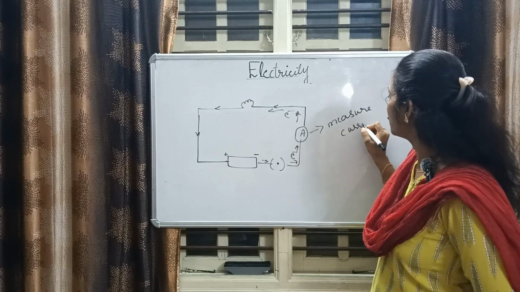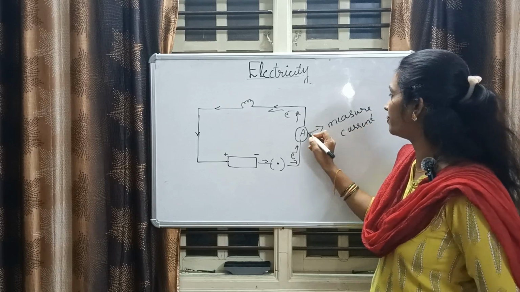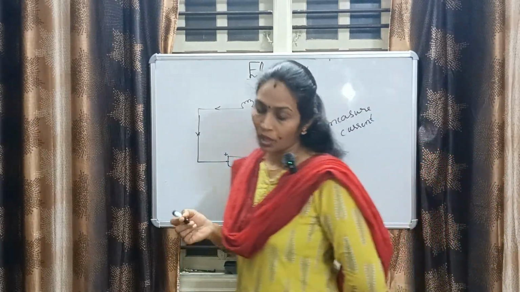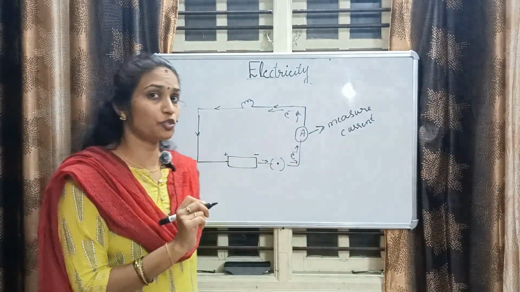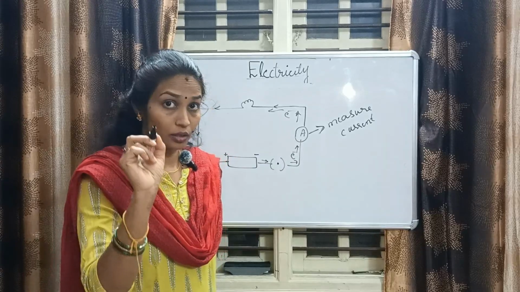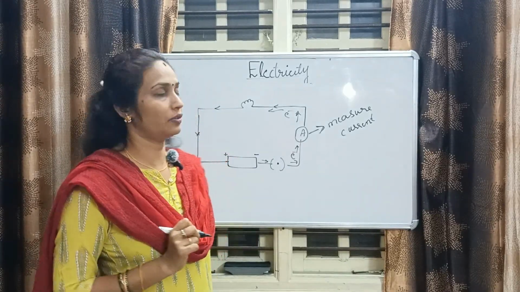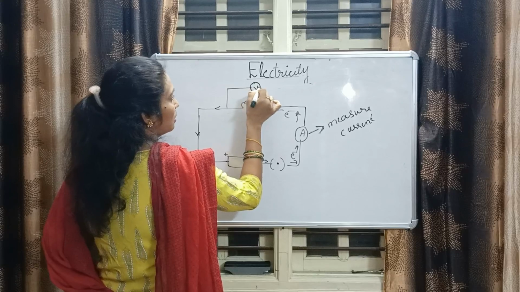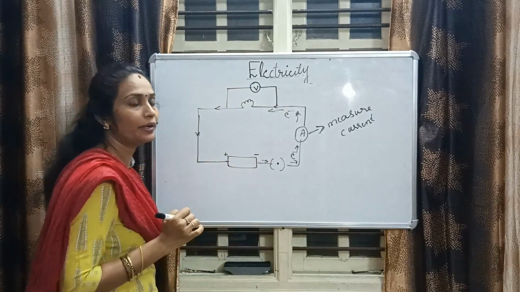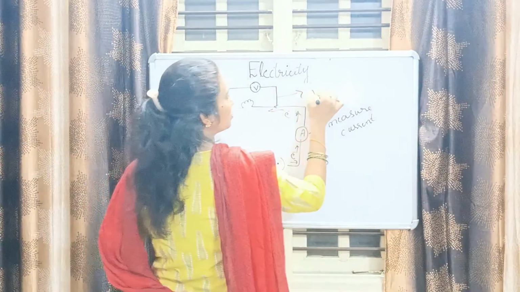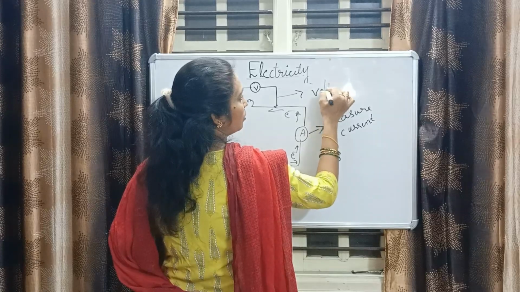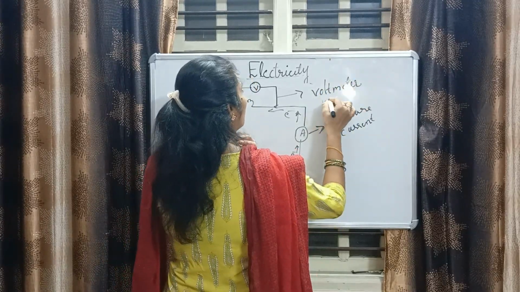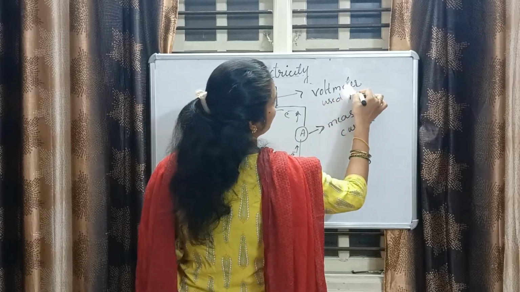Current. Correct? Electric current is measured with the help of a device called ammeter. And which instrument is used to measure our potential difference? This is very important. That is voltmeter. Voltmeter is used to measure.